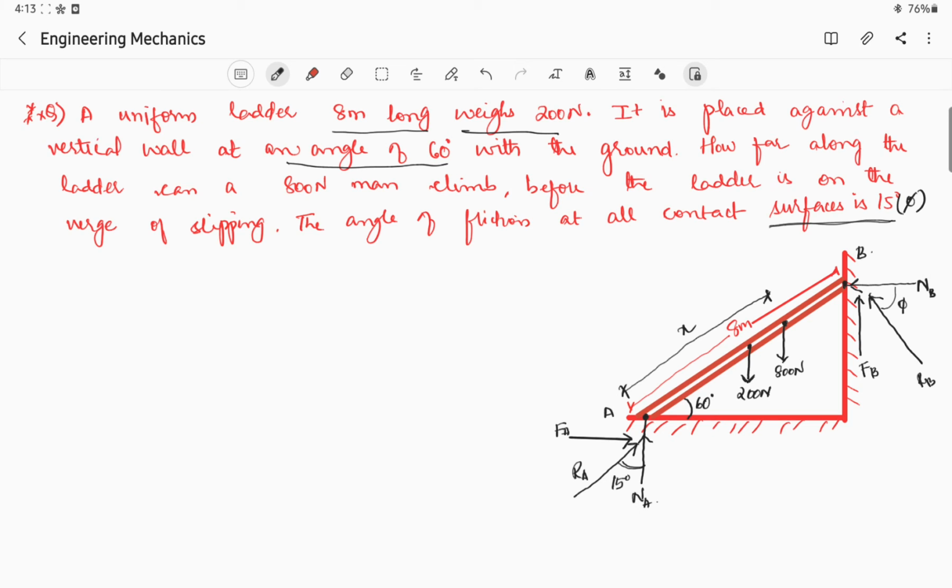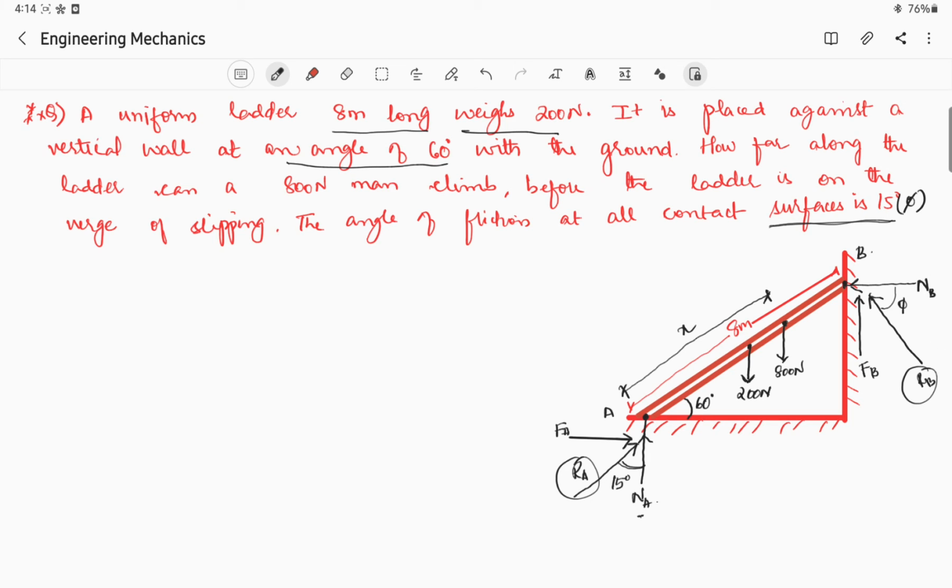Next, we have to be very careful in the calculation part. In all ladder problems, we consider resultants instead of NA and FA.